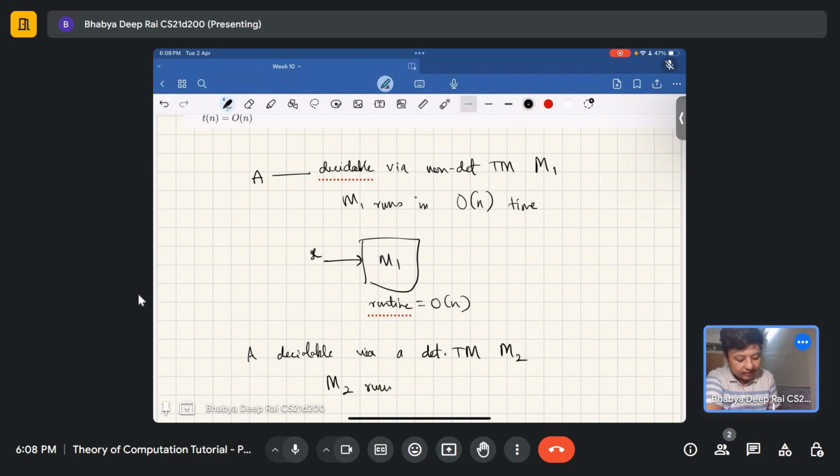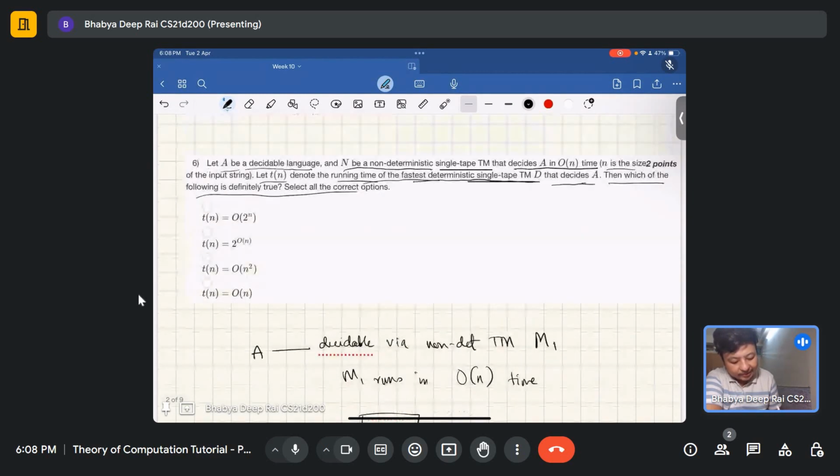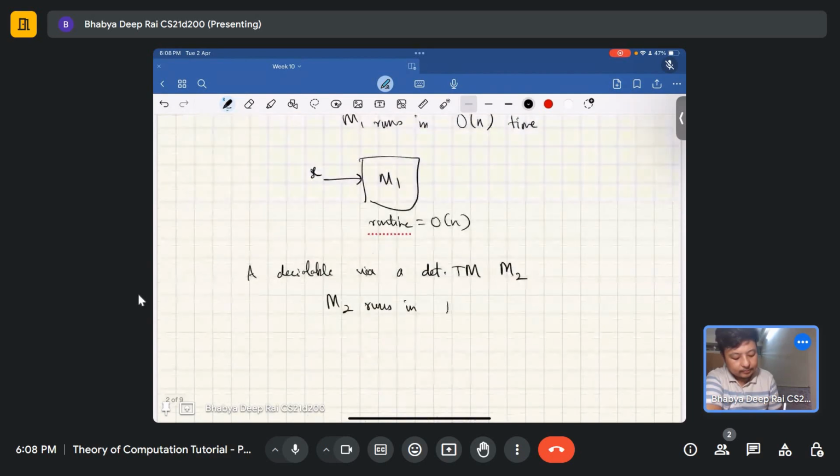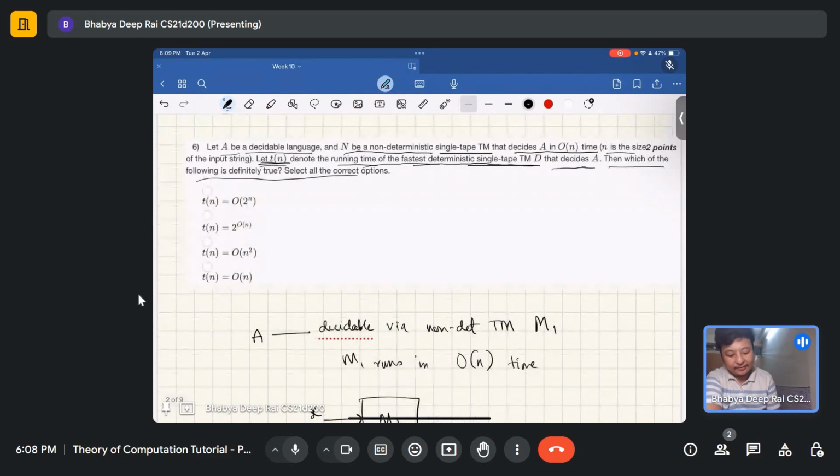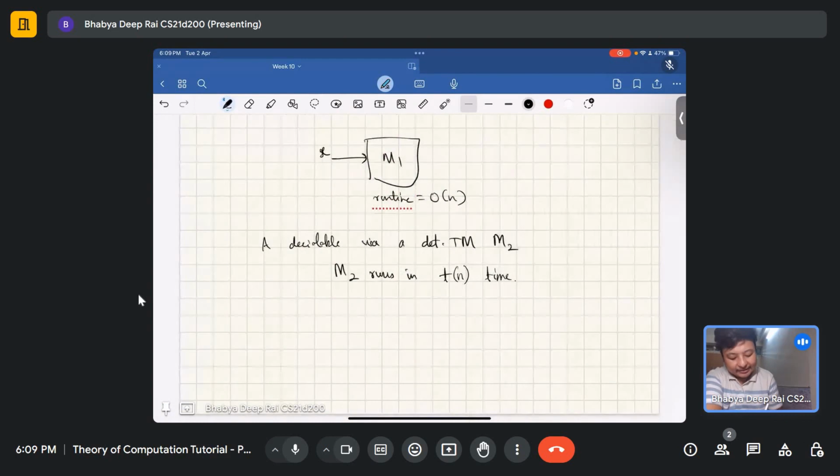M2 runs in T(n) time. And it says which of the following are definitely true: T(n) is order of 2 to the n, T(n) equals order 2 to the order n, and so on.